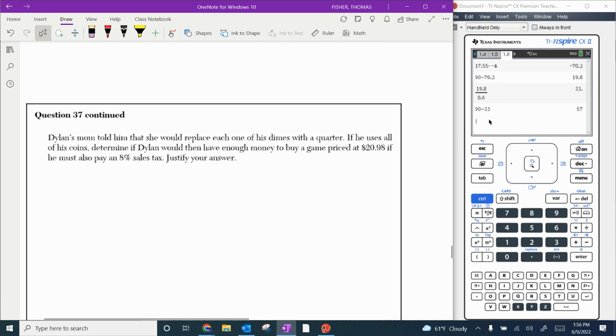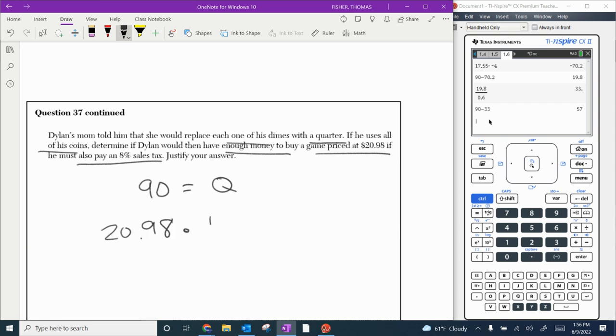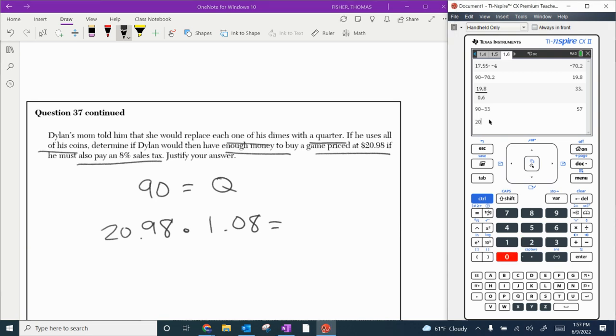The last part here, Dylan's mom says that all the coins are going to be quarters. Each of his dimes are now a quarter. So he uses all his coins, so there are now 90 quarters. Will that be enough money to buy a game for that much money with that much tax? So $20.98. I'm going to do that times 1.08 to figure out how much it is after an 8% tax is added on.